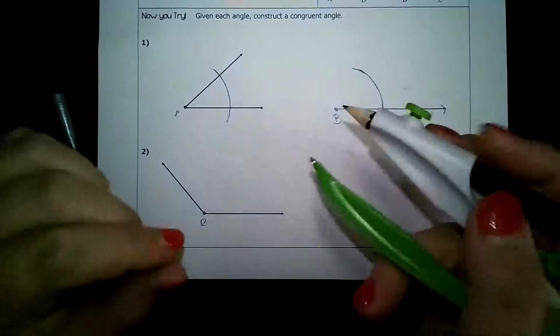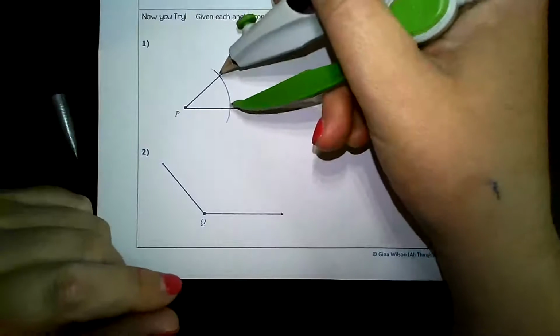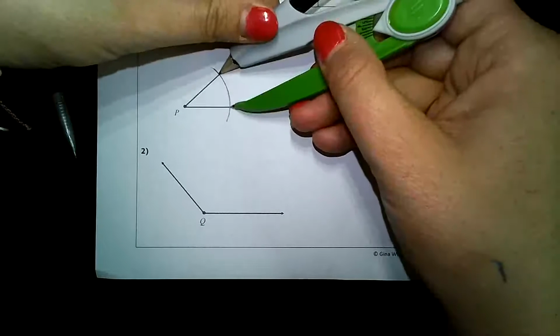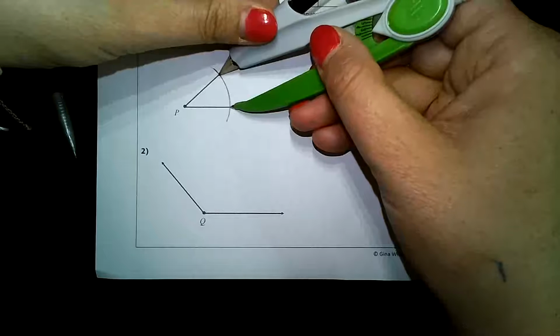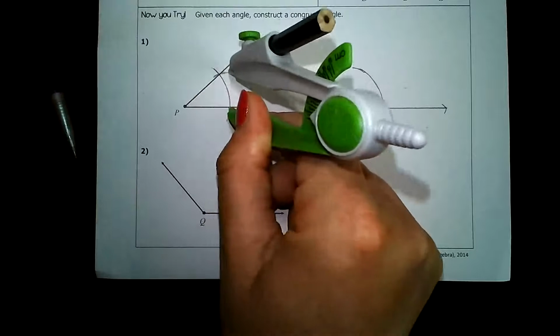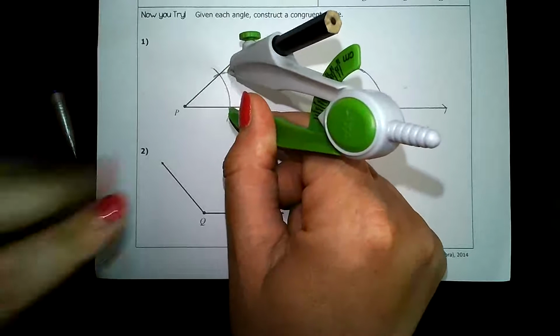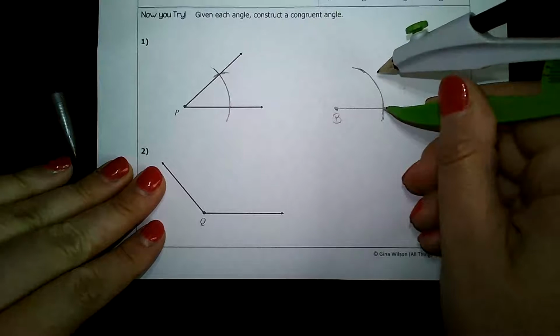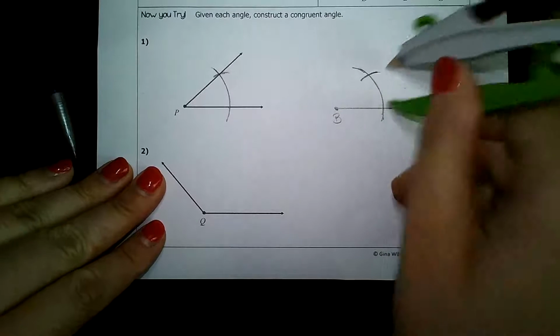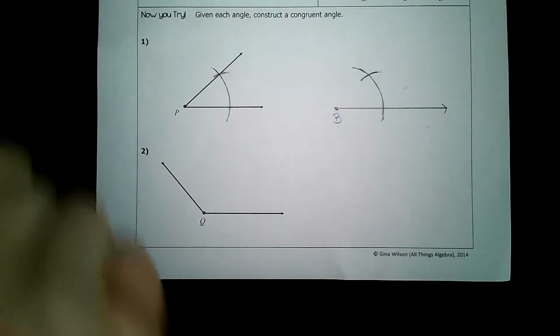Now, step 3 says set the radius of the compass so that it's equal to the distance. Nice, and there we go. Without changing this setting, come over to the second angle and create an intersected arc. Let's label some pieces here.